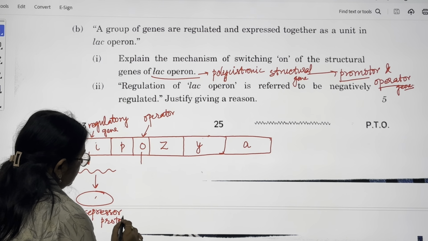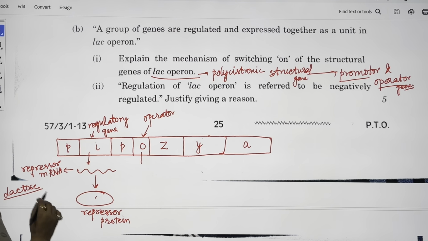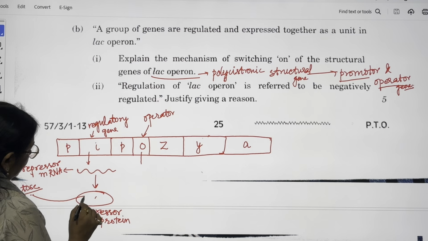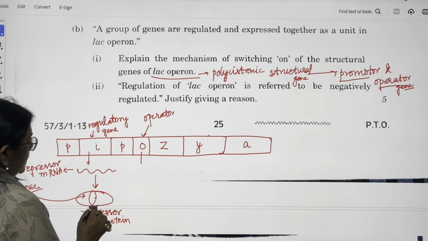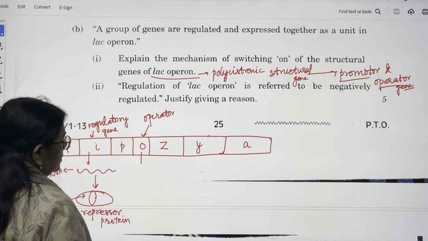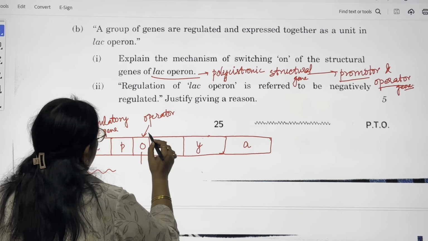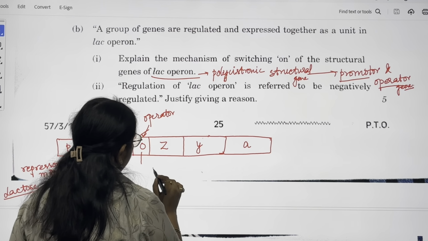When an inducer, lactose, is present in the medium, this lactose inactivates this repressor and prevents this repressor from binding on this operator. So this way the operator is switched on and the process of transcription takes place.